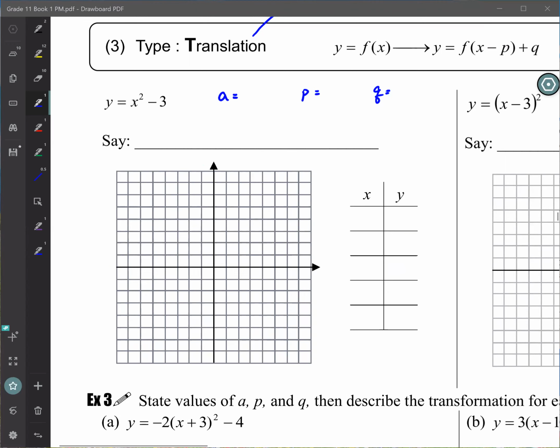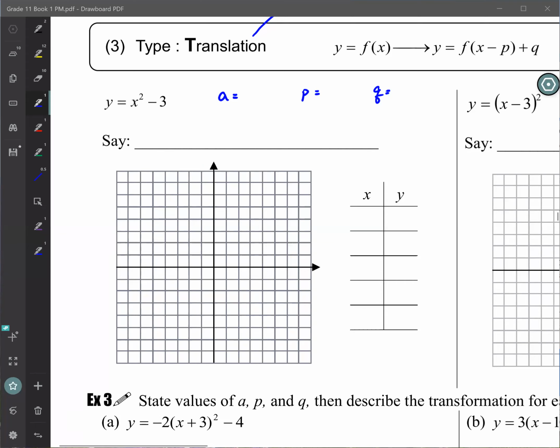Remember, A is the number at the very front, Q is after the square, and P should be inside the bracket. Please raise your hand if you got the APQ.